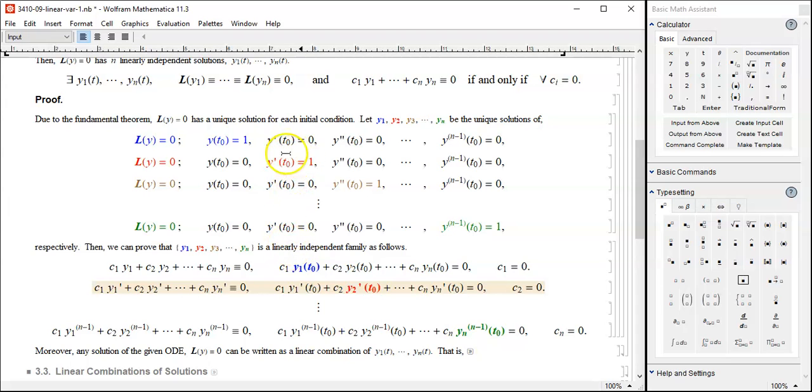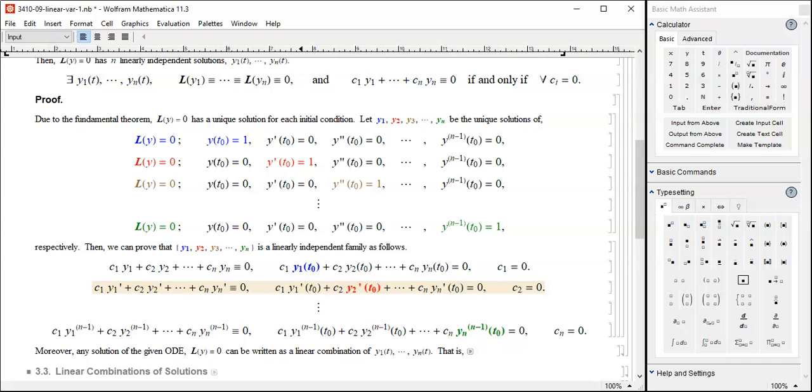Plug in t0: y1, which is the solution of the first, gives 0. Then for the second initial value problem, y2 prime at t0 is 1. All the others are zeros. Look at the second column, they're all zeros. So c2 times 1 is 0, and we get c2 equal to 0.